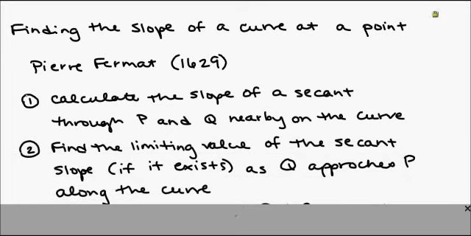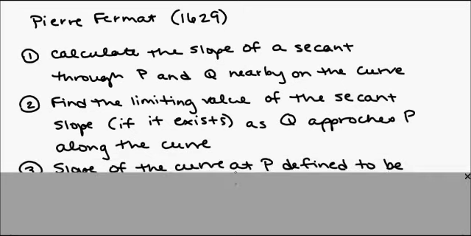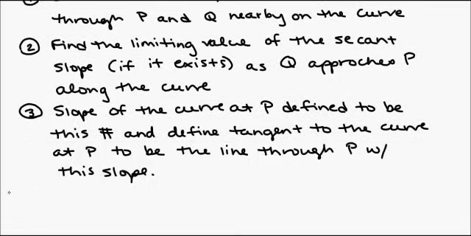Step 2, find the limiting value of the secant slope, if it exists, as Q approaches P along the curve. So calculating a limit.